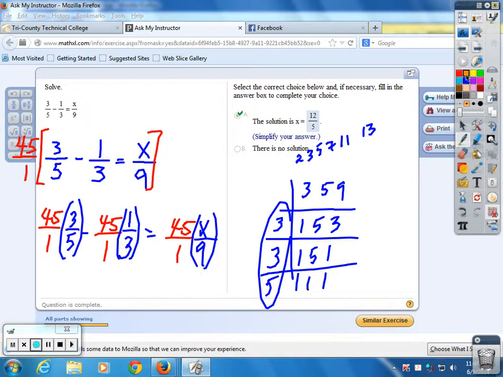And what happens to the first one? 5 will go into 45 how many times? And what's 9 times 3? 27. 3 will go into 45 15 times. 15 times 1 is 15. 9 will go into 45 5 times. 5 times x is 5x, and 27 minus 15, what is that? 12.